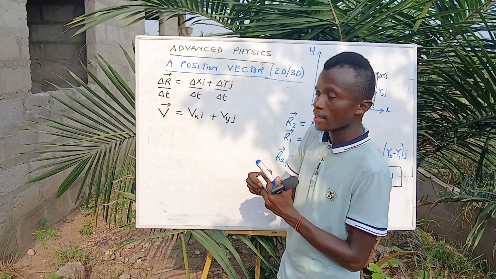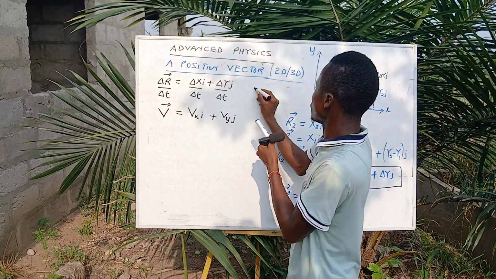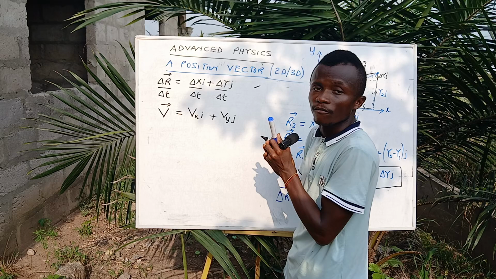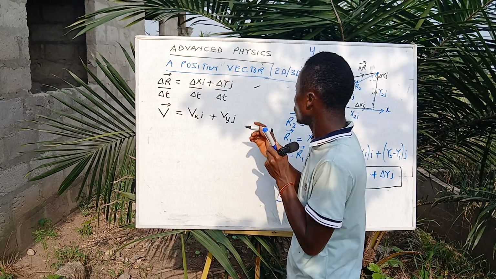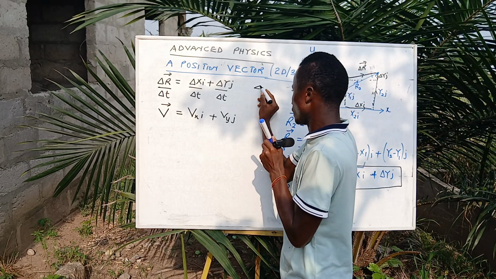For the infinitesimal case, say the change in position is very minute, infinitesimal. So the change in x is so, and the change in y is like so.